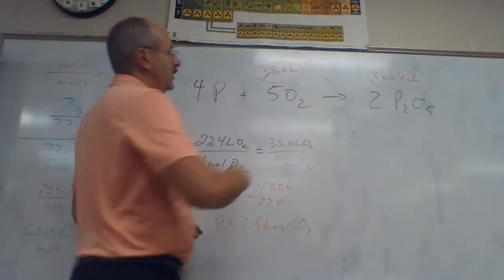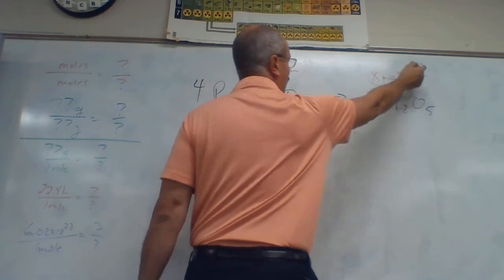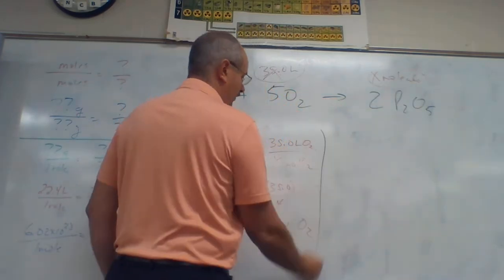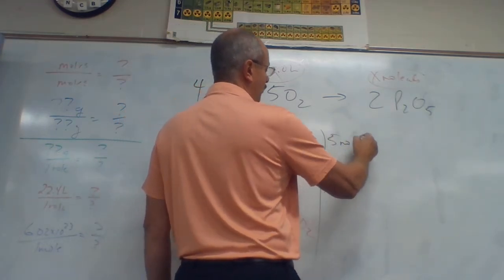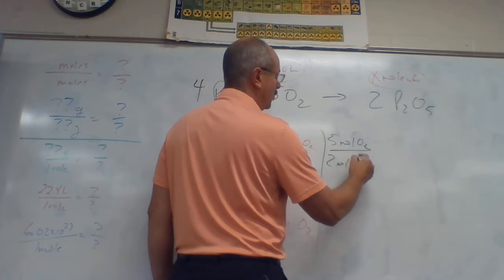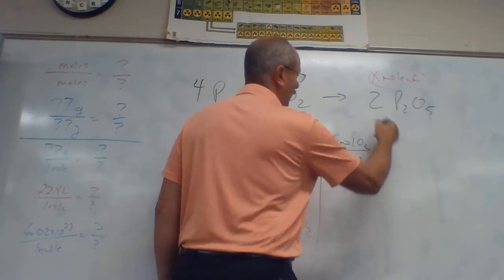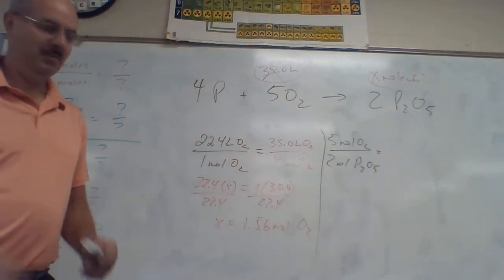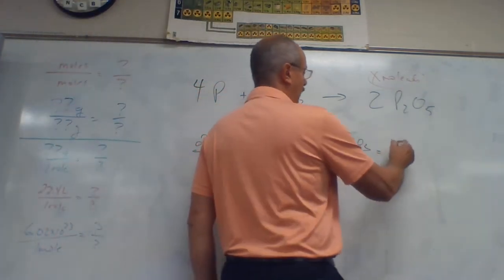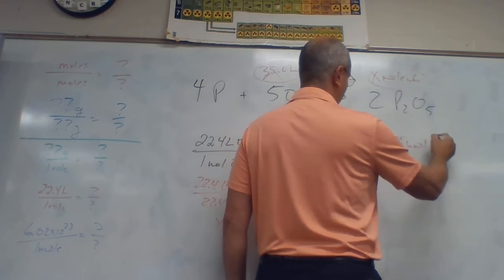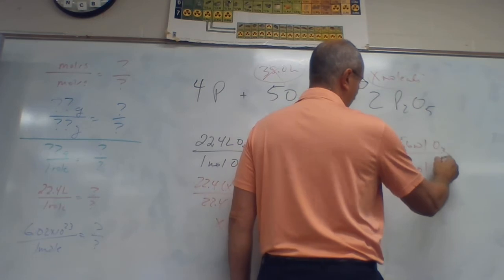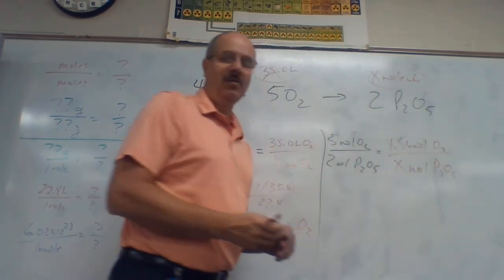Now we got to go from moles of this to moles of that. That's going to be the first process: getting from one substance to the other. So I'm going to use that 5 moles of O2 from the balanced equation gives me 2 moles of P2O5. That's why it's black, it's coming from the balanced equation. Then I don't have 5 moles, but I got 1.56 moles of O2, and we want to find out X, which will be moles of P2O5. Why am I not going straight to molecules?